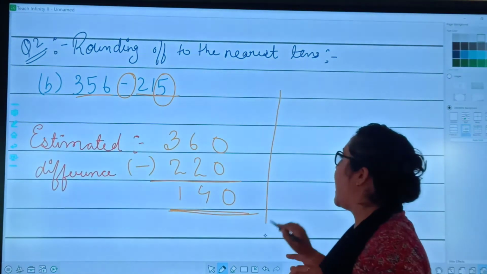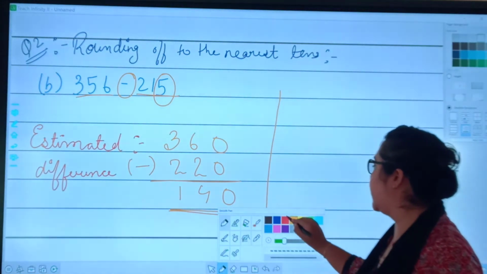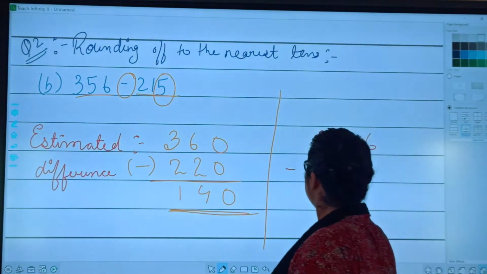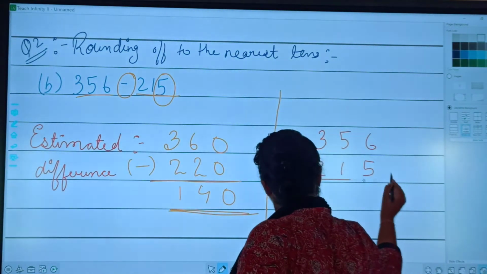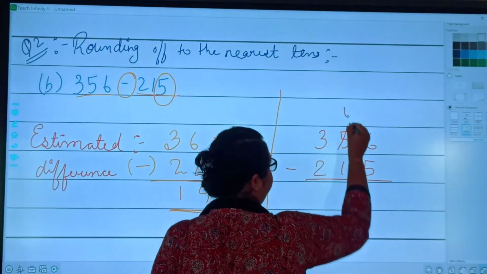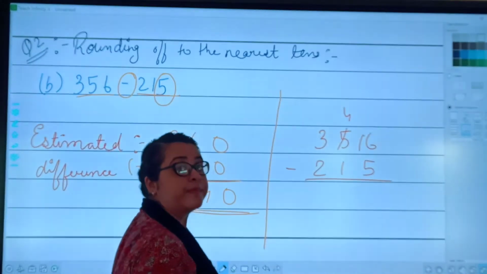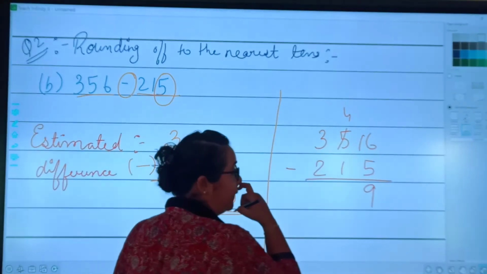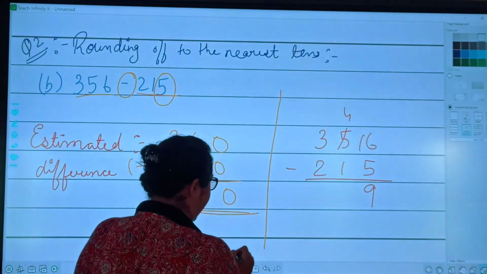And what will be my actual difference if I want to calculate it? 356 minus 215. What will be my actual? This 5 will become 4. Oh, but I don't need to do that.